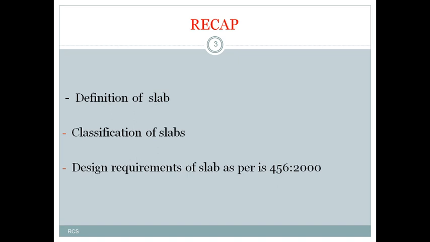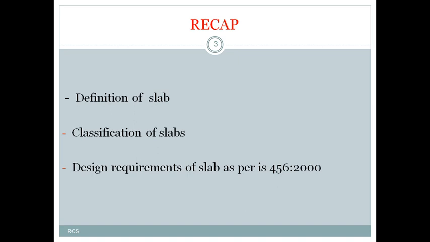Then we discussed another requirement of the design of this one-way slab or any two-way slab, that is the minimum reinforcement. The main reinforcement should not be less than 0.15% of the gross cross-sectional area when using mild steel. If you are using HYSD bars as main reinforcement, then the minimum area of reinforcement should not be less than 0.12% of the gross cross-sectional area.